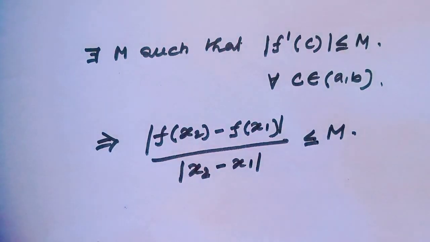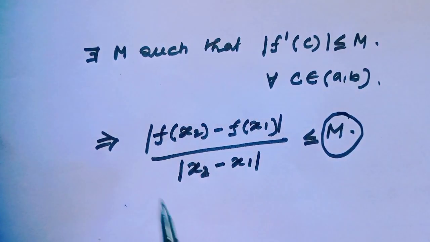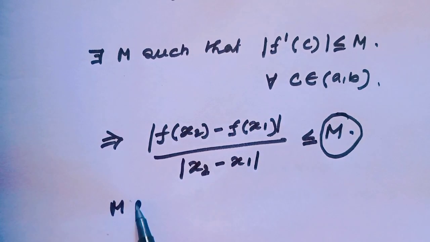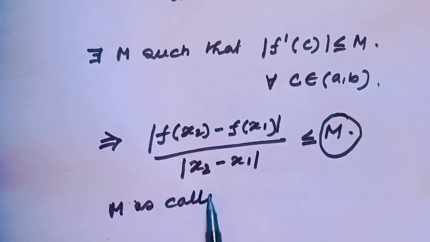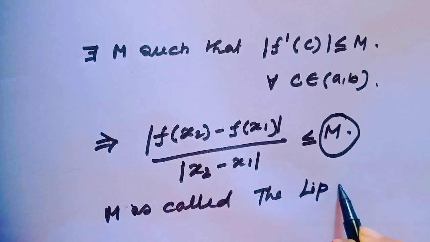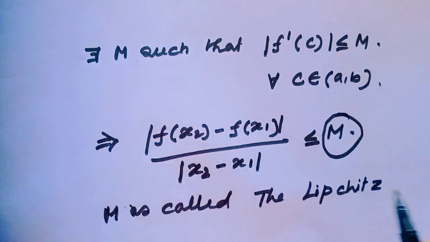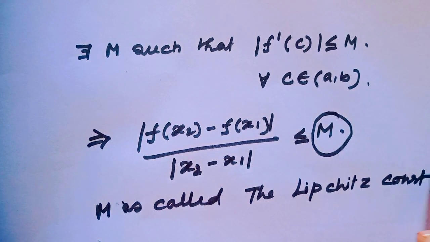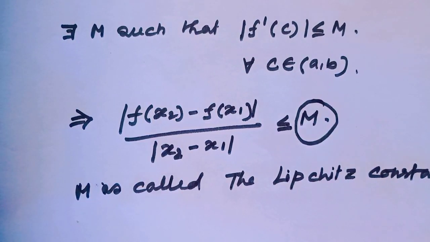M, and this M is called the Lipschitz constant. Okay? Are you getting it?